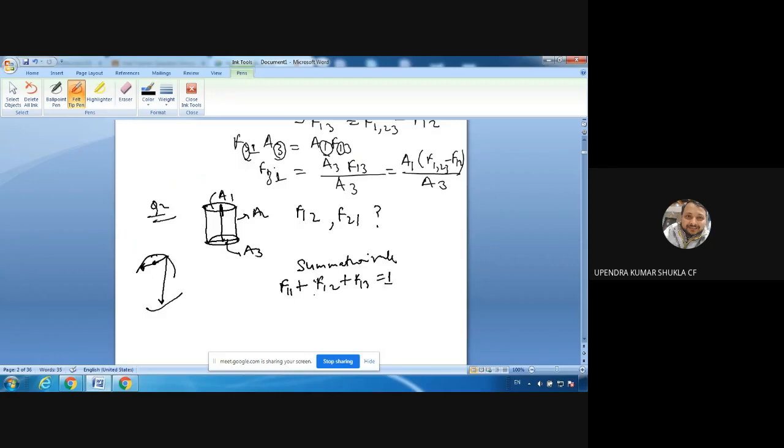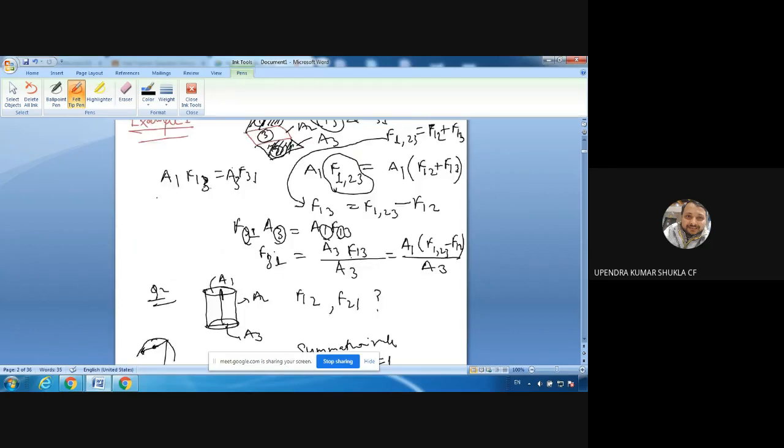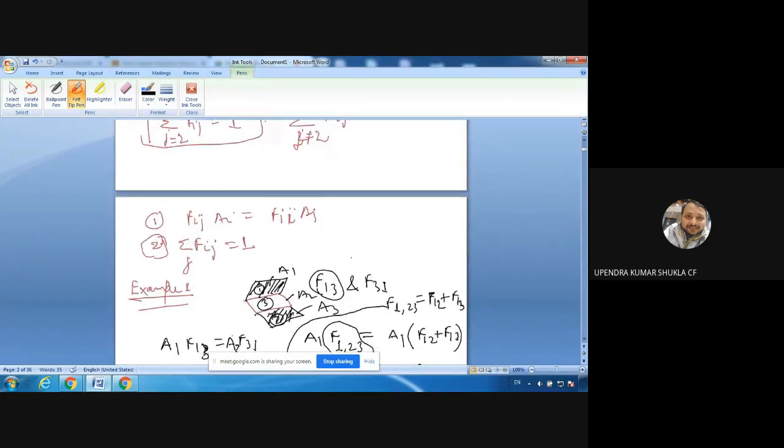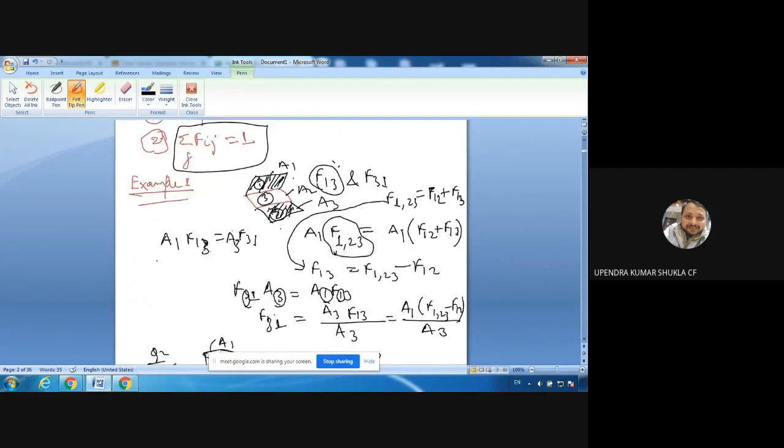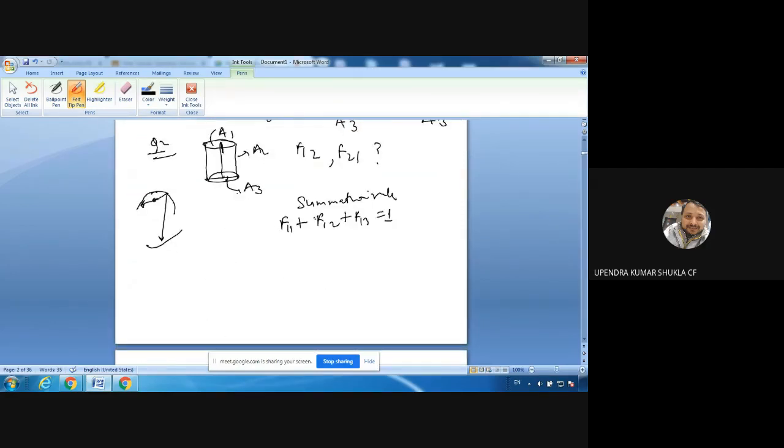First I have written it in general: the sum of Fij over j is equal to 1. This is the most general form that we are using. Here it may strike itself also. Now see, this right circular cylinder we have taken.